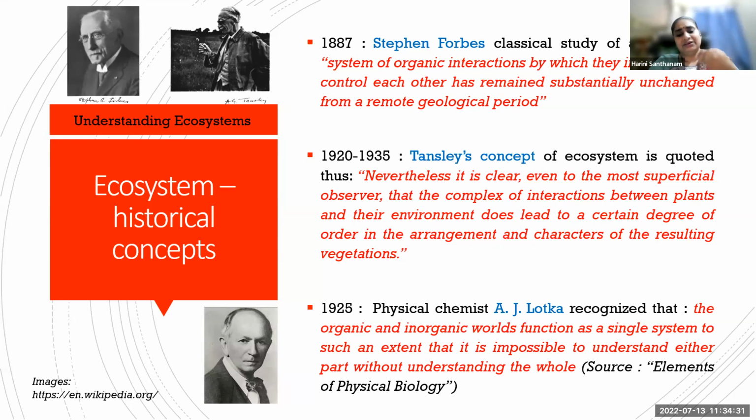Now, as we go down in history, 1920 to 1935, there were a lot of ideas put forth by another very important person, the British ecologist Tansley. He said, and I think I should quote here, "Nevertheless, it is clear, even to the most superficial observer, that the complex of interactions between plants and their environment does lead to a certain degree of order in the arrangement and characters of the resulting vegetations."